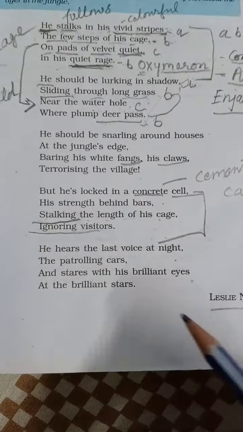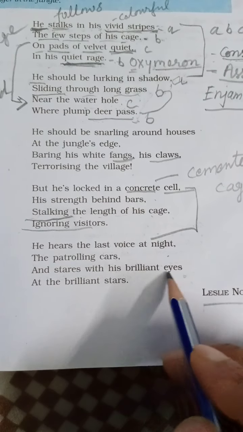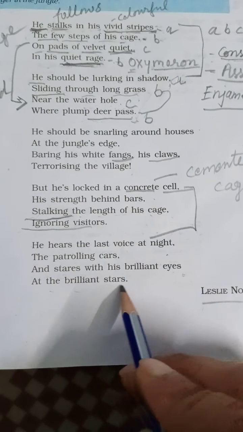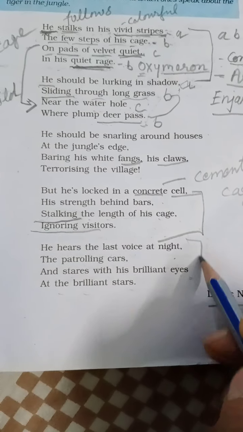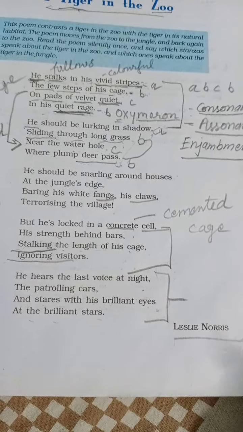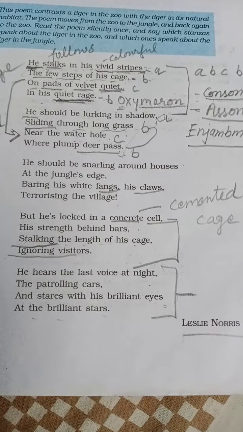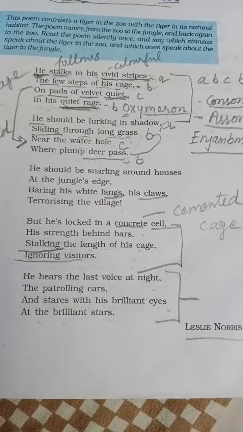He hears the last voice at night, the patrolling cars, and stares with his brilliant eyes at the brilliant stars. In the last stanza, I leave this stanza to you, and you have to find out where the tiger actually is.